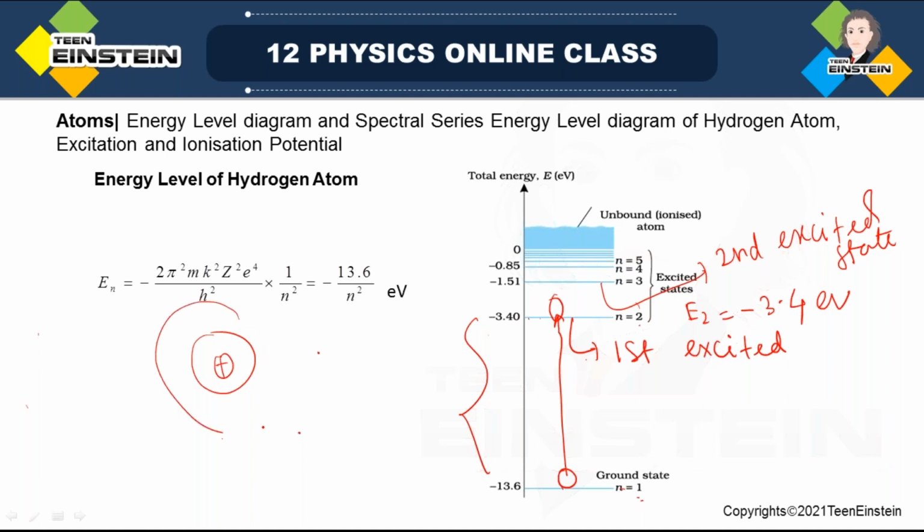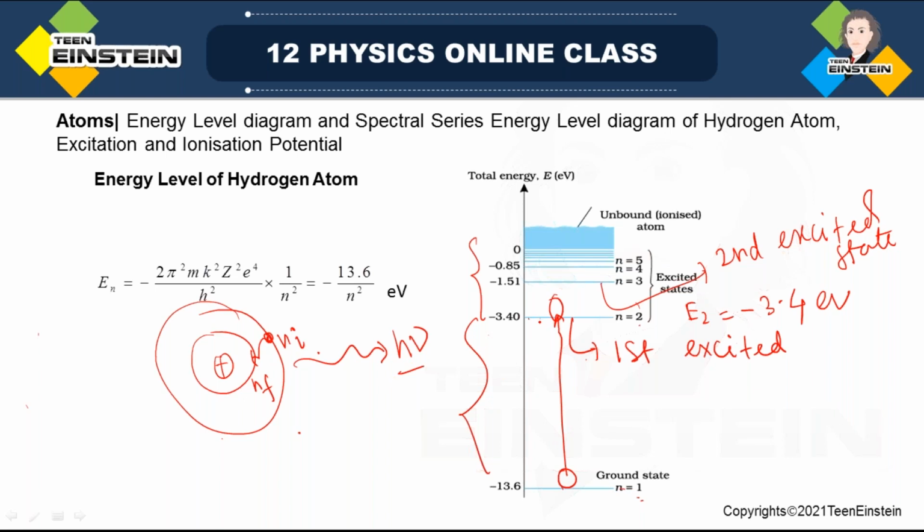But when they make a transition, suppose this is n is equal to f, and this is n is equal to i, the electron is there initially in the higher energy level. You can see these are called higher energy levels. Now if the electron is at a higher energy level initially, and then it comes back to a lower energy level, only the difference between these energies will be emitted as a photon. That's why we see discrete lines.